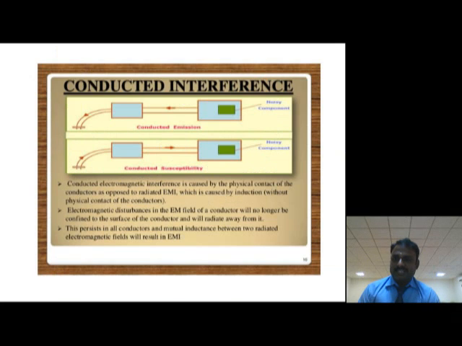Then we are going to see conducted interferences. In this case, noise or interference couples towards your system by means of current or voltage. We have two types: conducted emission and conducted susceptibility. In conducted emission, a faulty or noisy component in the subsystem produces unwanted fault currents or leakage currents.